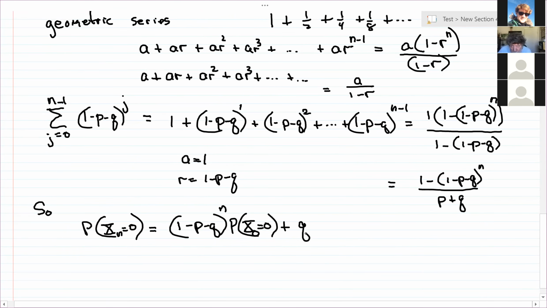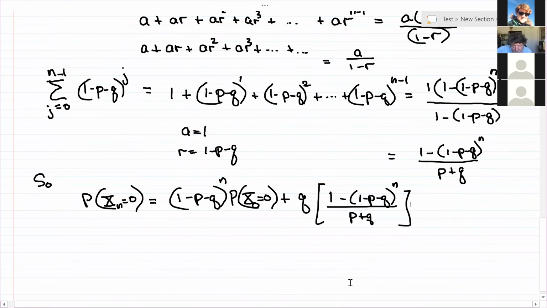So it's q times, and that sum becomes this: 1 minus (1 minus p minus q) to the n, all over p plus q. So this is what we have by doing this sum using the geometric series.